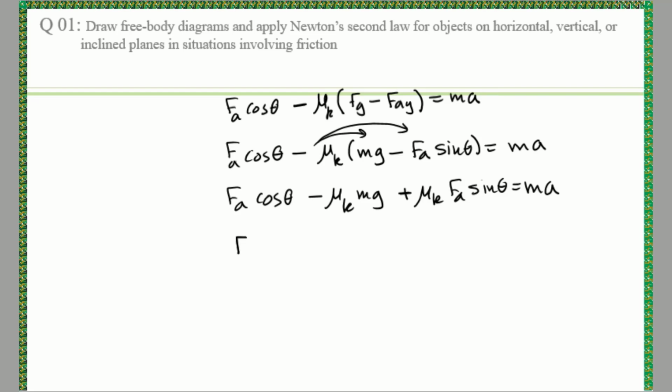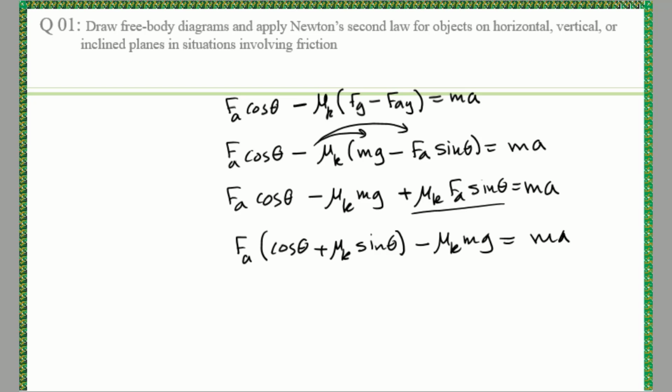Now we can take Fa as a common factor. We have here cosine theta plus mu k sine theta, then minus mu k mg. All of this is equal to ma. And now divide by m.